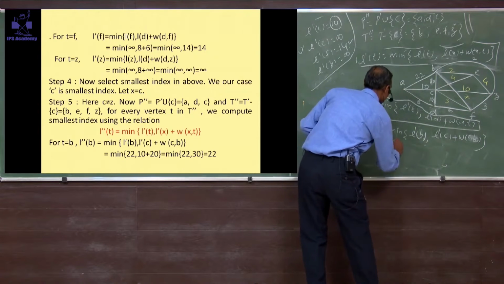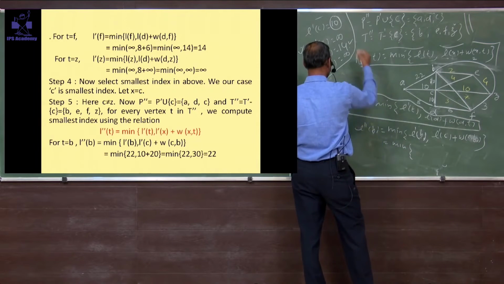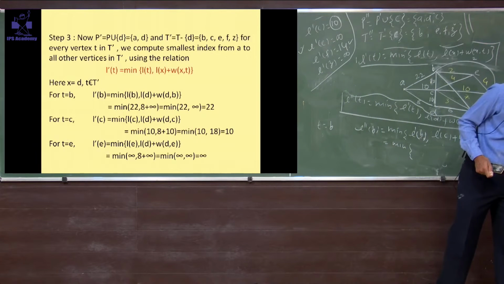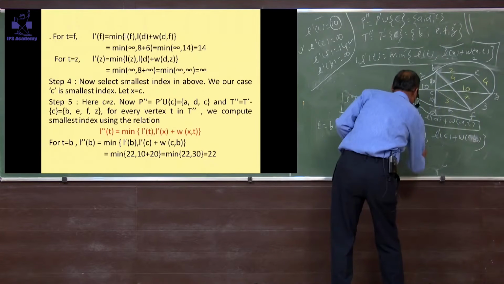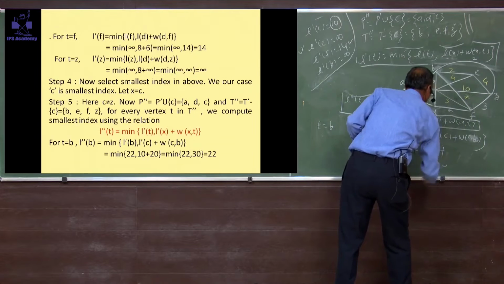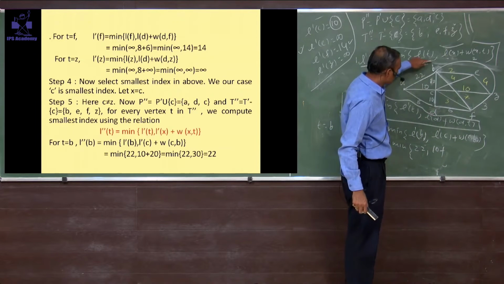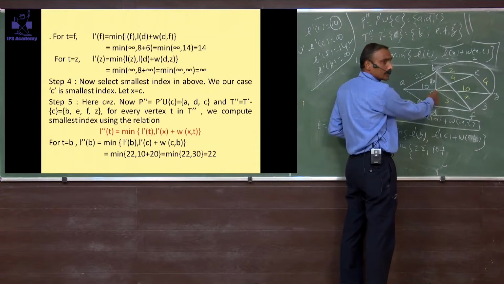What is the value of L dash B? In the previous slide, L dash B is 22. So 22 comma, L dash C is 10 plus W C comma B. C comma B, they are directly connected, they are adjacent to each other.